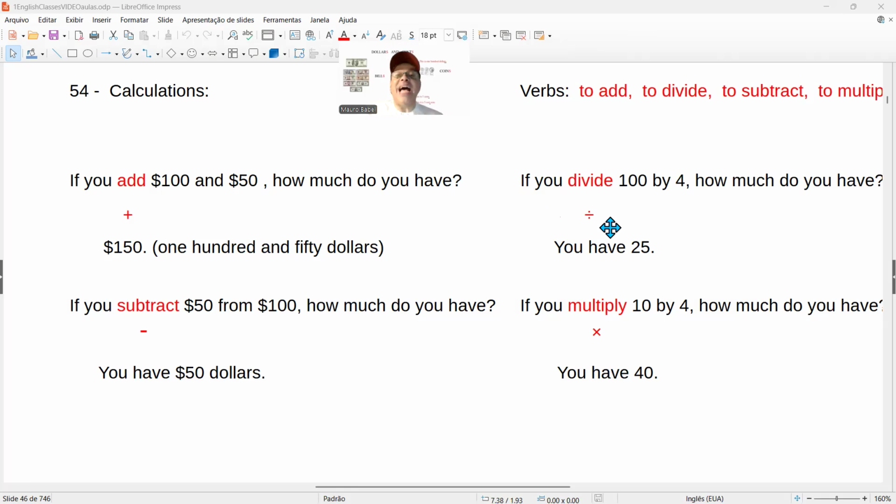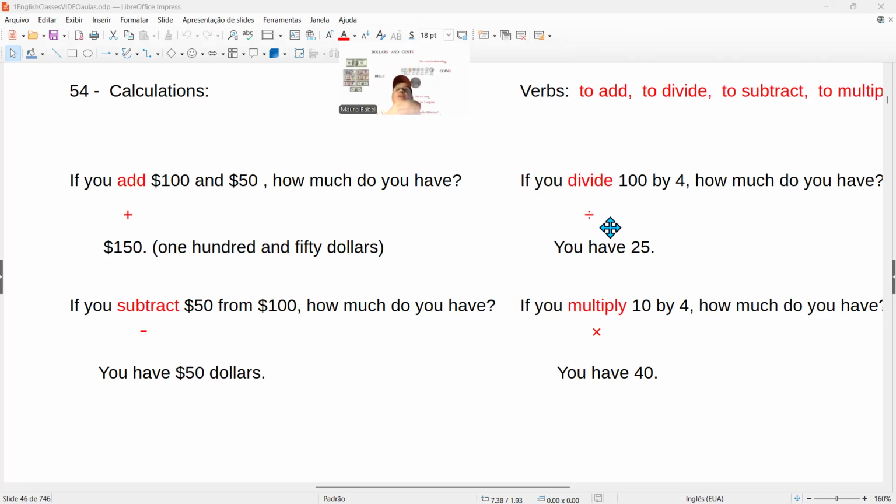Perfect. If you divide $1,000 by 2, you have $500. If you divide $1,000 by 4, how much do you have? All right, if you divide $1,000 by 4, you have $250.